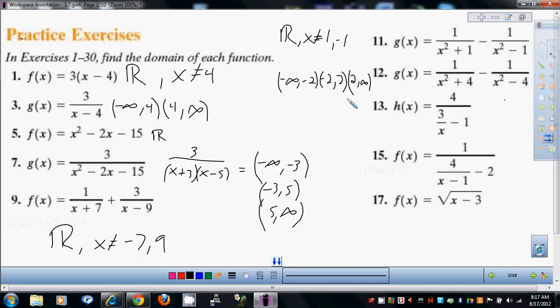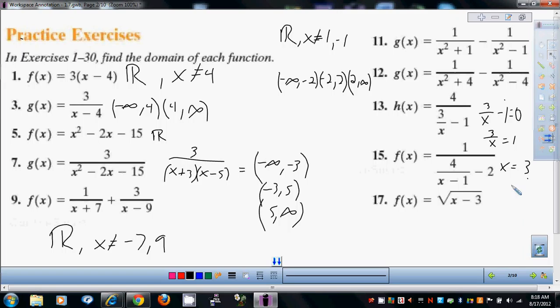The easiest way to solve that, which Josh did in his head, kudos, would be to set the whole denominator equal to 0, add the 1, multiply by x, and x equals 3. So the two things that cannot be are 0, which is that piece, and by solving for the whole denominator, 3. So everything but 0 and 3.